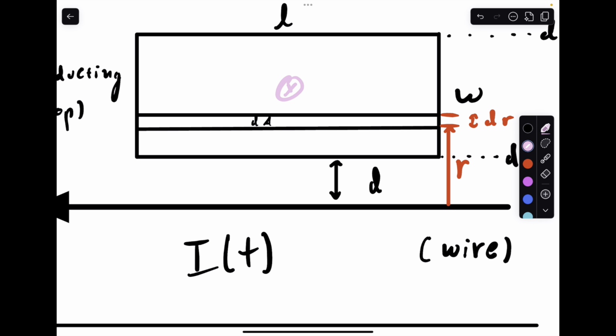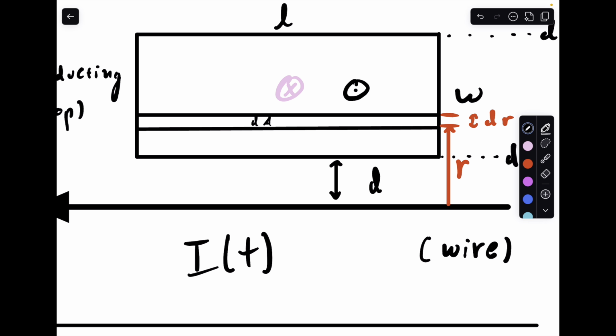So the magnetic field I'm going to draw in pink, and the area vector I'm going to draw in black. The reason why the magnetic field points in, right, is if you take your right hand, this is called the right hand rule, and you point your thumb in the direction of the current. We know the direction of the current is to the left. You curl your fingers, that's the direction in which the magnetic field points, right? So your fingers curl in when you do that.